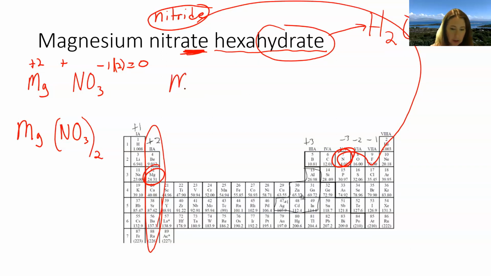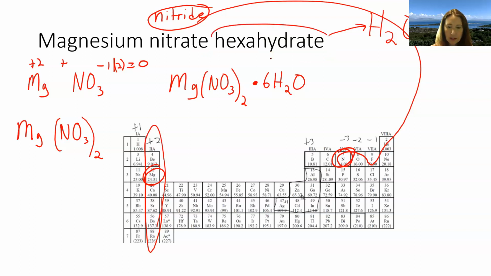So it's going to be Mg(NO3)2, and then here's how we say the hydrate's attached, 6 waters, right? So let me erase this. Okay, so here's our hexahydrate.